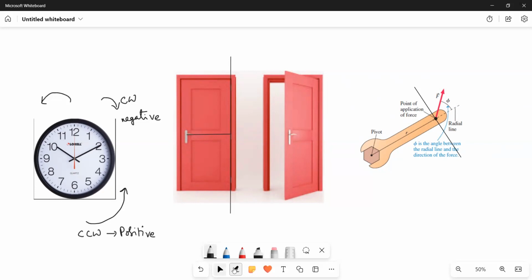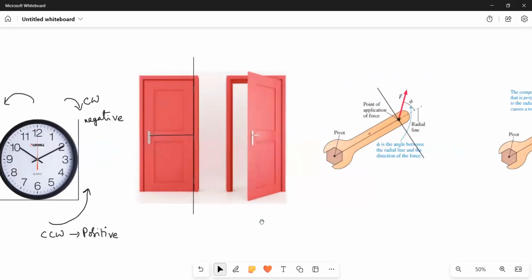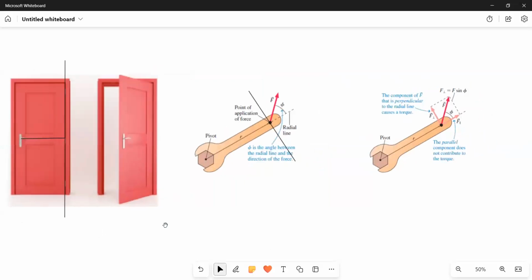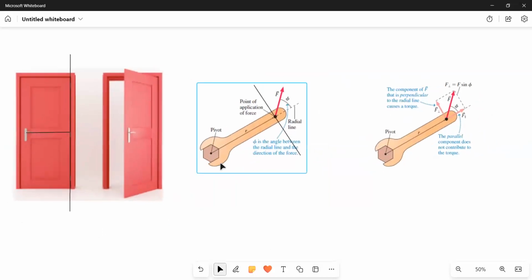Now, coming to the wrench, or spanner. This is also called a spanner or wrench. We hold the spanner here, and this is the point about which the spanner makes a rotation. That is why it is called the pivot, or the point or axis of rotation.